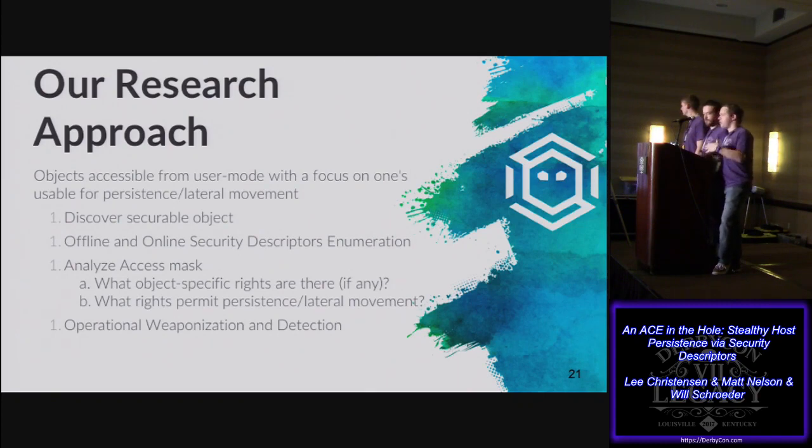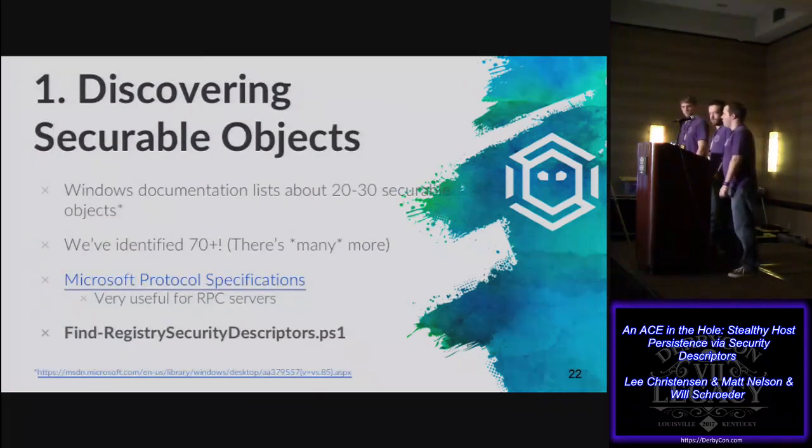Then we need to identify what rights each of those objects have, so the access mask on each ACE. What rights are specific to each object, and which of those rights can we use for persistence or lateral movement. And then as a follow-on, creating some code to weaponize that operationally, for offense and for defense.